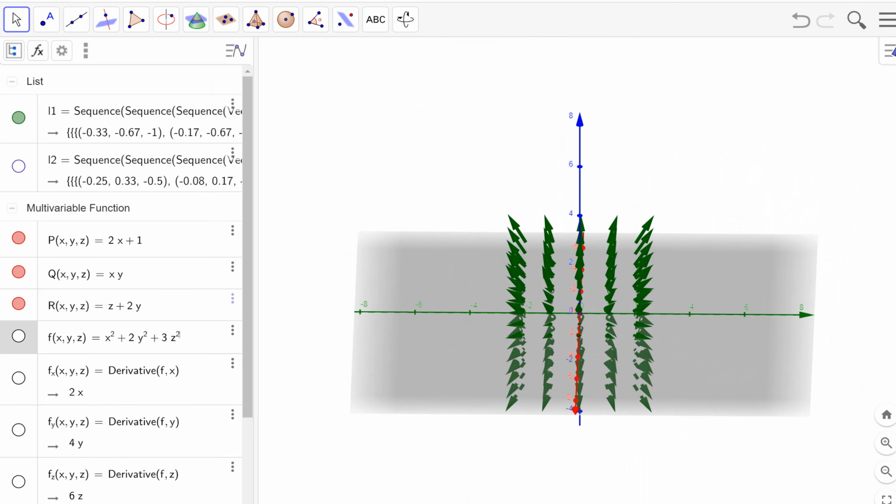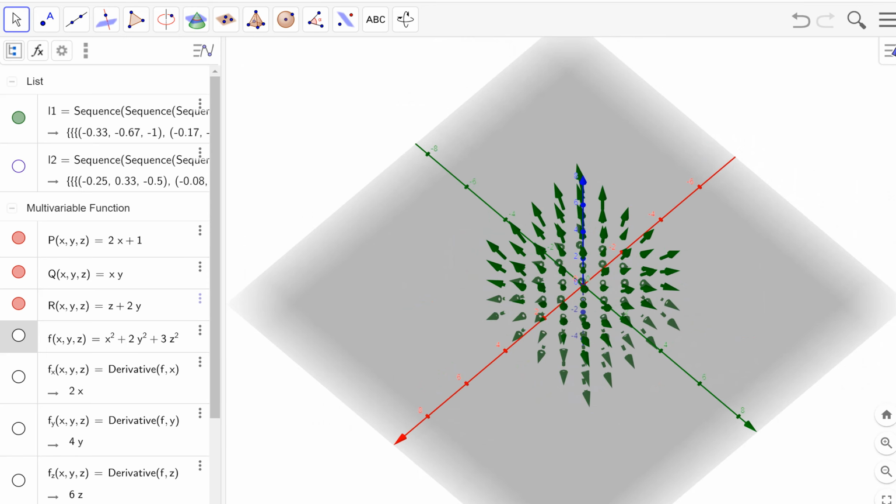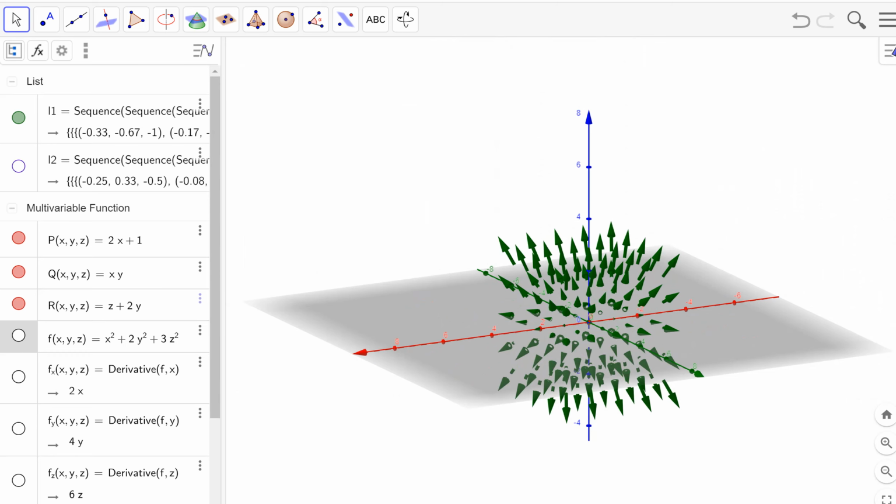This is an ellipsoid, right? So that's why we can see the arrows are pointing out. Like a sphere is a special type of it. Okay, so you can play with it. You can enter some different functions, and then this software can help you calculate the partial derivatives, and it can plot the gradient field. So far so good, everybody.